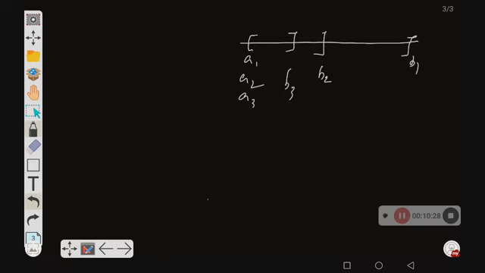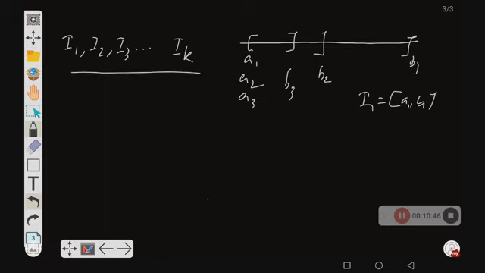So we are getting intervals I1, I2, I3 and so on, for example Ik, by successive bisection of the interval I, where I1 equals a1 b1. We get these intervals with the property that one is contained in the other, that is I2 is a subset of I1. Like this we get a sequence of intervals.